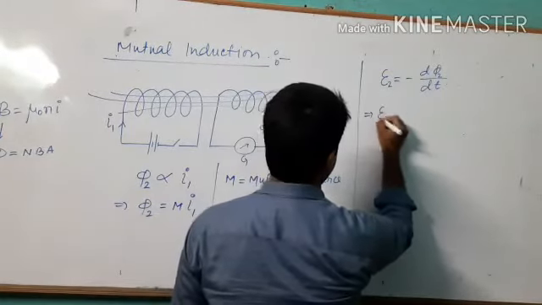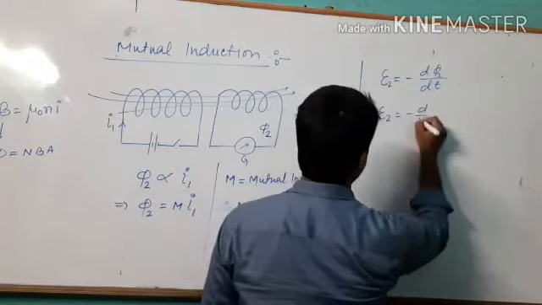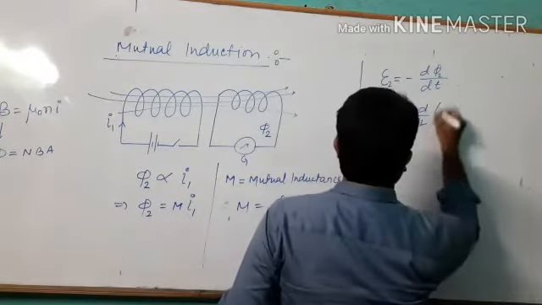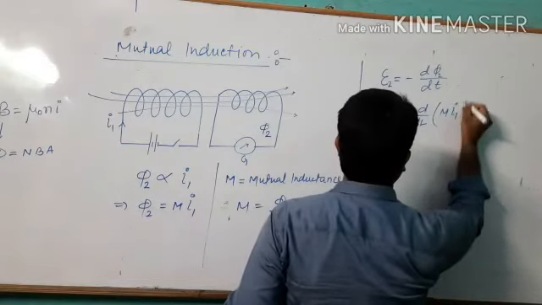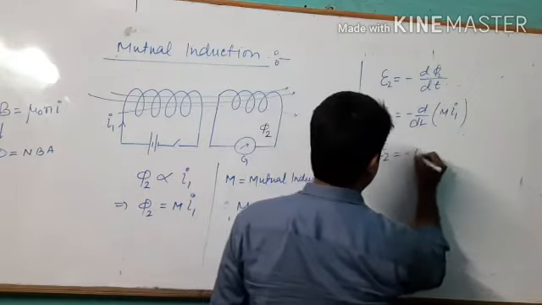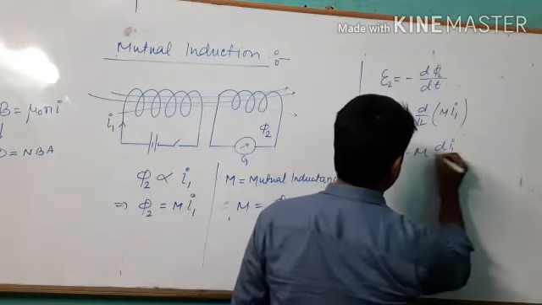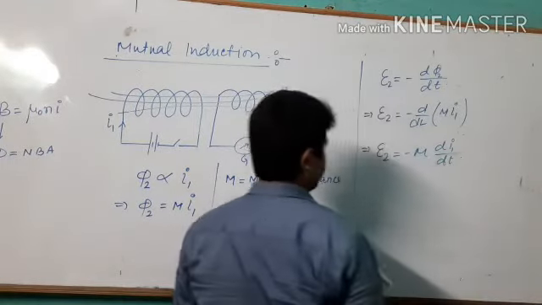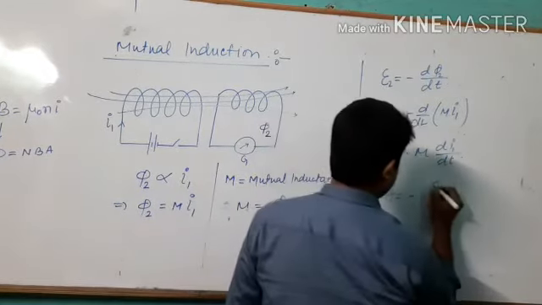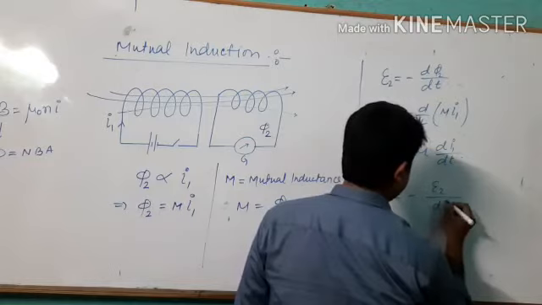So in this case we can write epsilon 2 equal to minus d by dt of phi 2. What is the value of phi 2? It is M into I1. Now M is constant here, so epsilon 2 equal to minus M into dI1 by dt. So M is minus epsilon 2 by dI1 by dt.